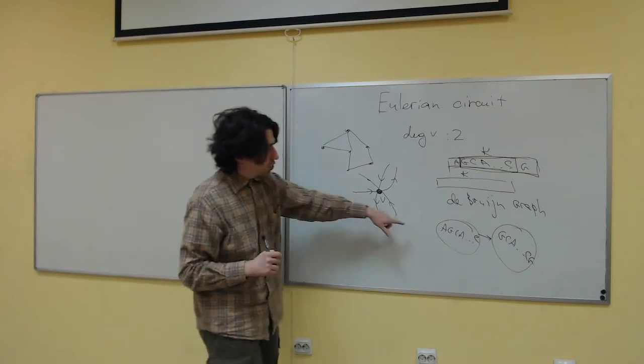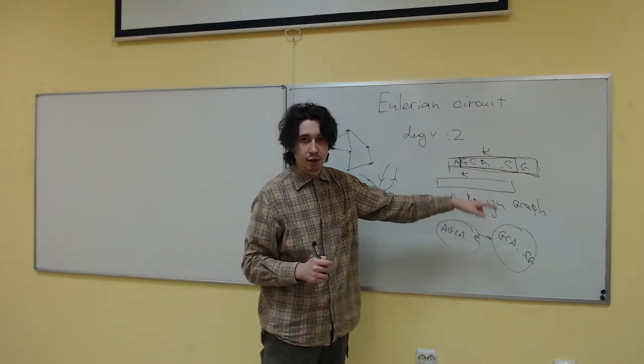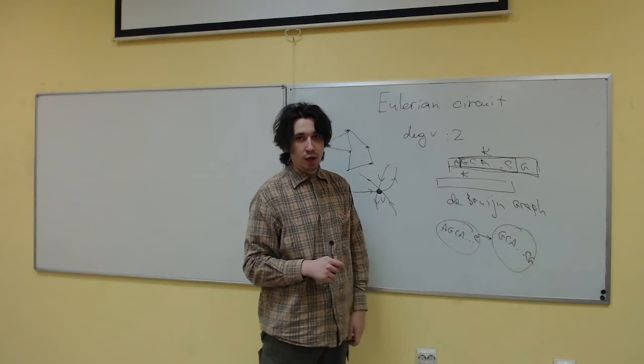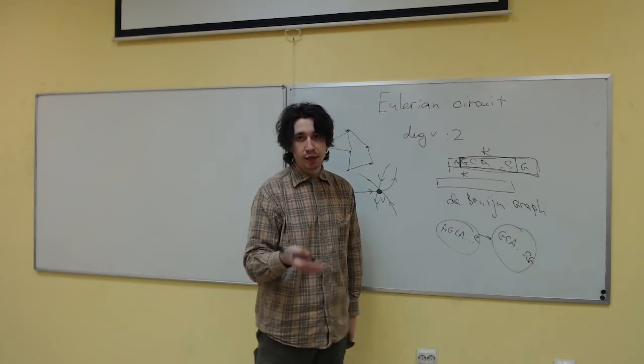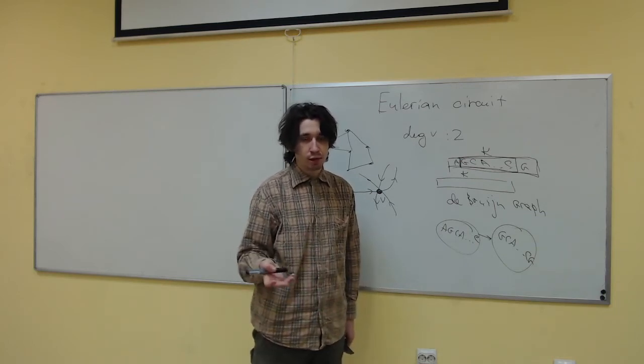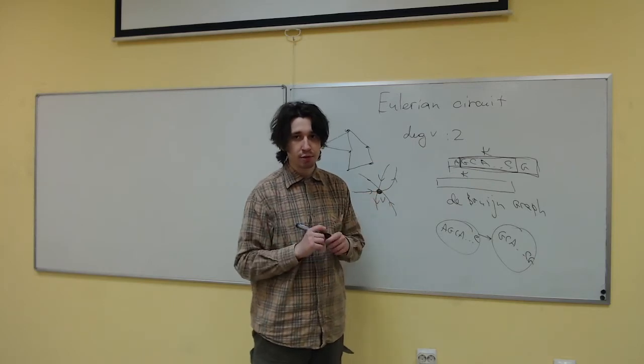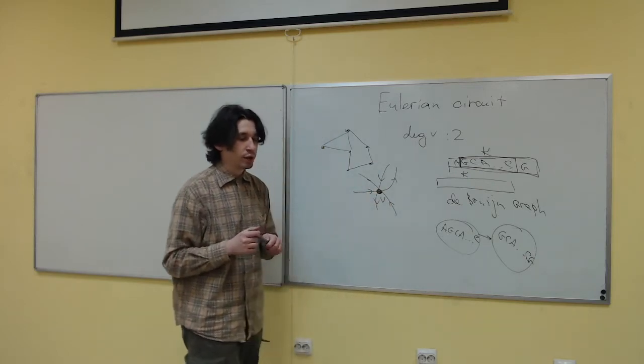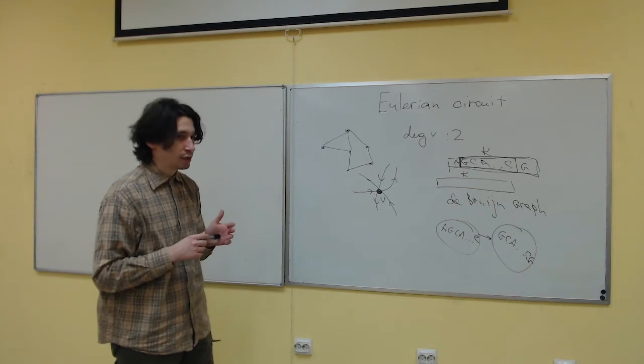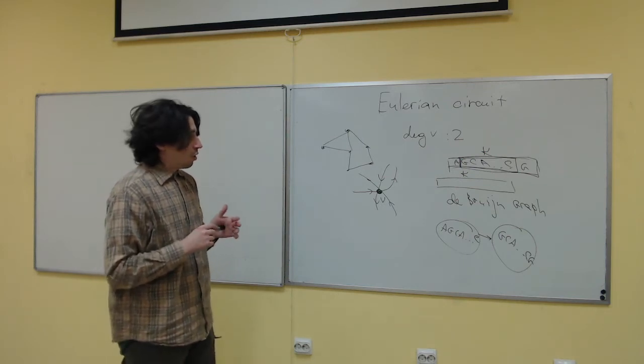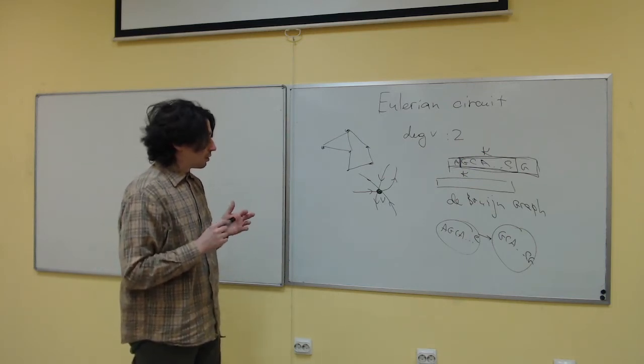Then you just have to find the Eulerian path in this graph, and this will be your DNA. That is briefly how the reconstruction works. I think it will be explained in more detail in your bioinformatics algorithms course.